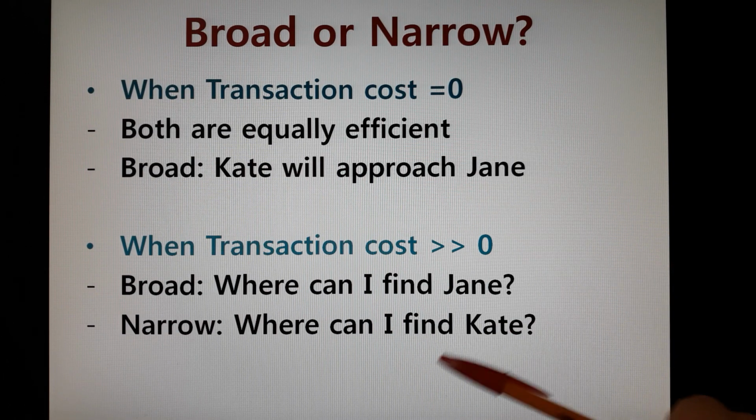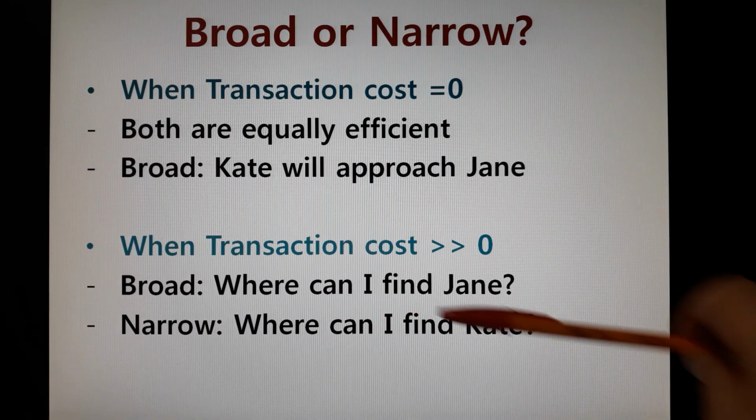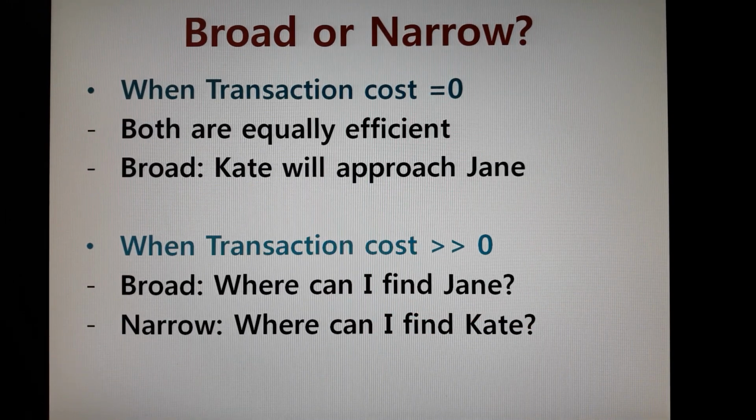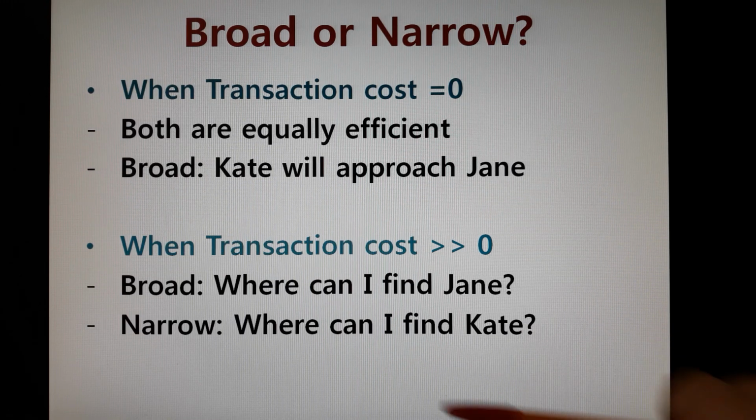So in this case, our example, the broad definition has much smaller transaction cost compared to the narrow definition, where the engineering professor should find the physics professor before the physics professor publishes anything.